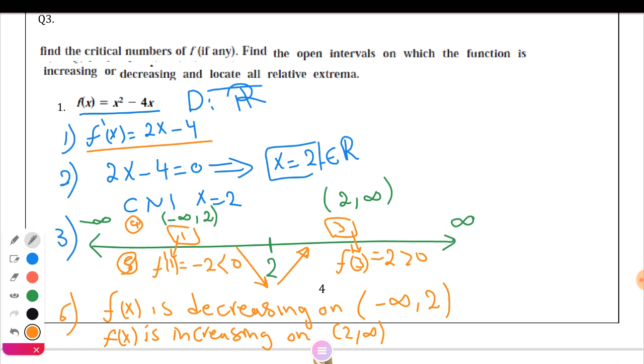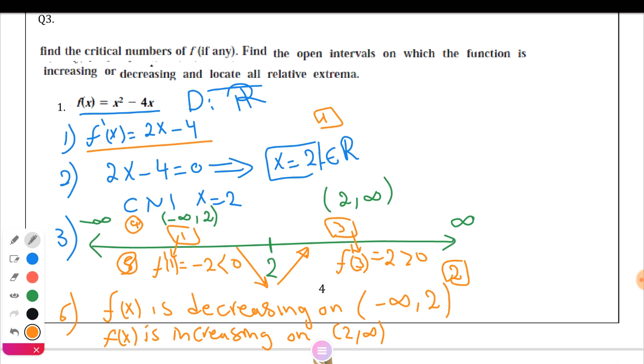The open interval, all of them open intervals. What is the third request? This is the first request, okay? Second request, okay? Third request.